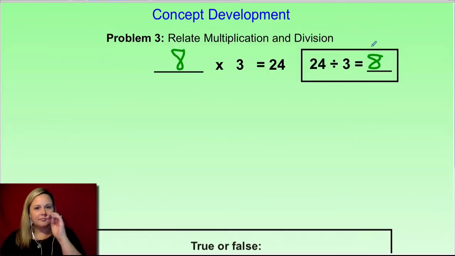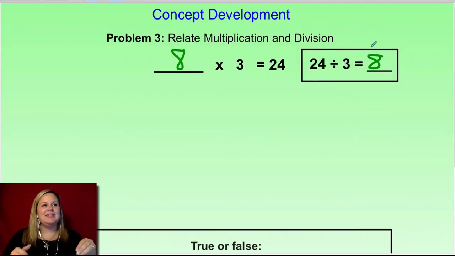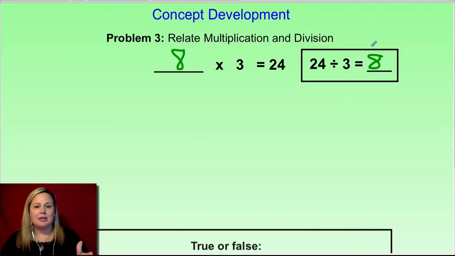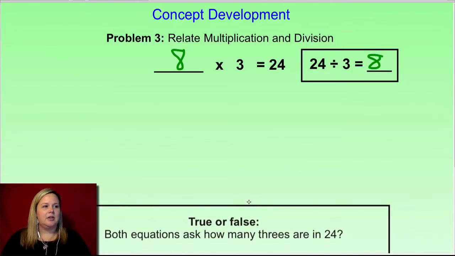Okay? So if we have 8 times 3 equals 24, and 24 divided by 3 equals blank, is it true or false, ready for this? Both equations ask how many 3s are in 24? Got to think about that for a minute.